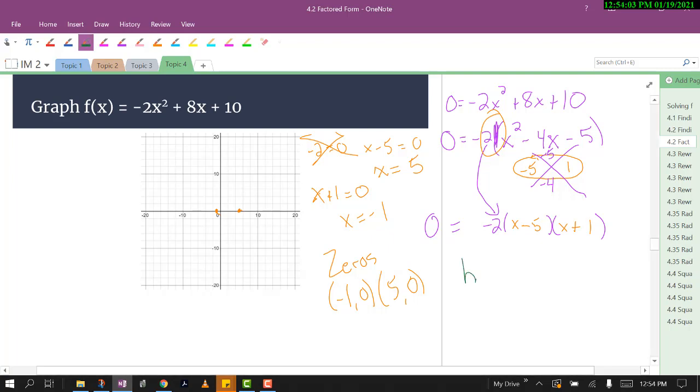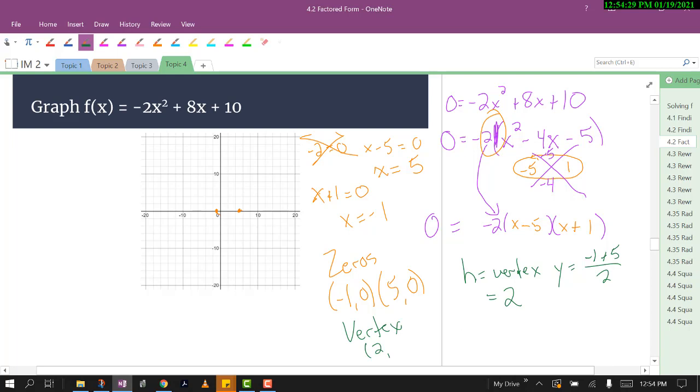And if you remember, our h, or our vertex x, is p plus q, so it's negative 1 plus 5, divided by 2, which is just the average. Negative 1 plus 5 is 4, 4 divided by 2 is 2. So we know our vertex has an x-coordinate of 2.